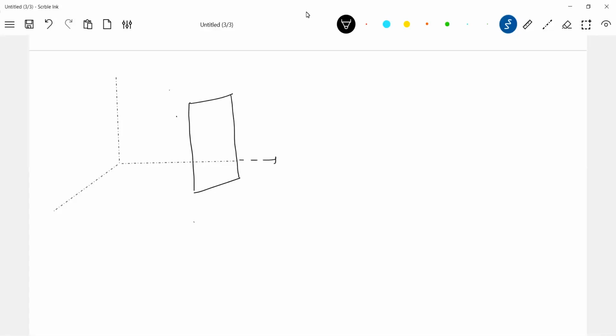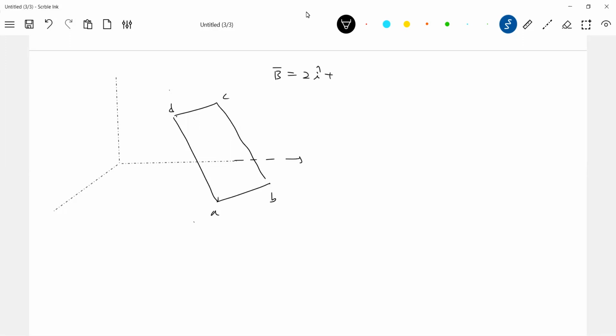Definitely it is in space. There's nothing called parallel to a plane here. So now let this be A, B, C, D. I'll give the coordinates of that, and I'll give the B bar: B bar equal to 2i cap plus 3j cap, or say minus 4k cap.